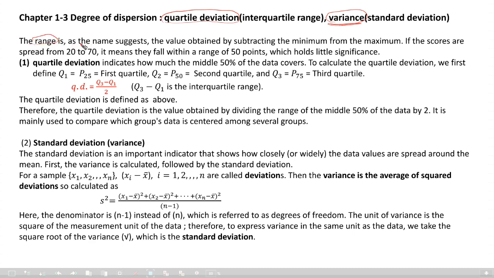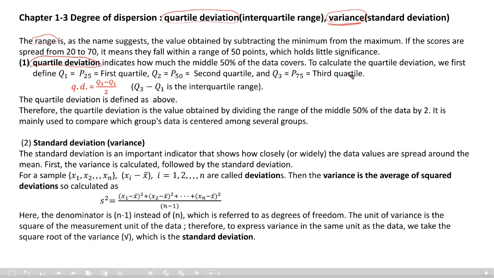Range is, as the name suggests, the value obtained by subtracting the minimum from the maximum. So data are spread in that range, you say. It is not a meaningful terminology. Quartile deviation indicates how much the middle 50% of data covers.